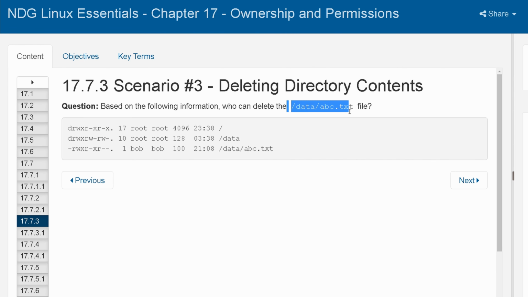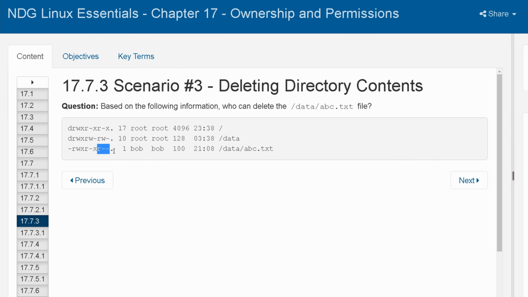Since we want to get into this file and we can execute, we are going to move down a directory into /data. In /data, we see that we have the read and the write permission, but we don't have the execute permission. This means that any world user cannot execute into the next directory, which is where /data/abc.txt is. And since we cannot get in here, we cannot delete this file.